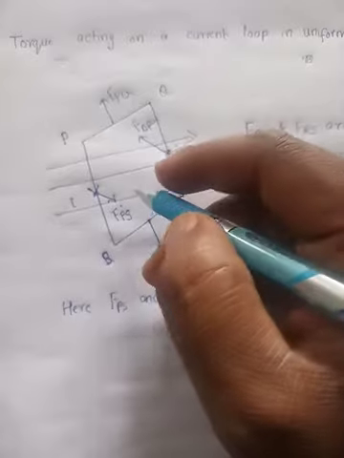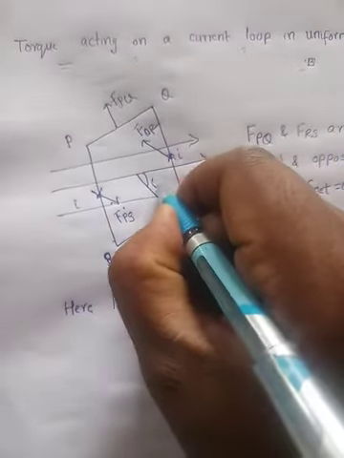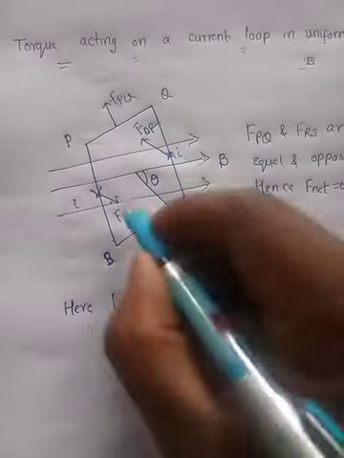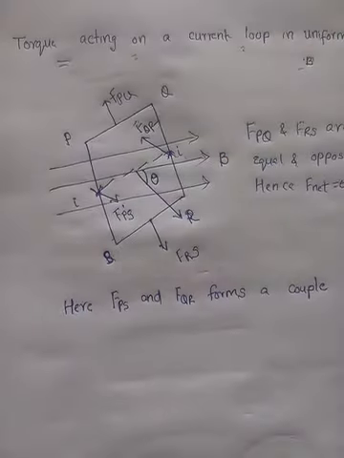Let's take the normal drawn. The normal is making an angle theta with respect to the magnetic field, and we assume that this is making a couple.